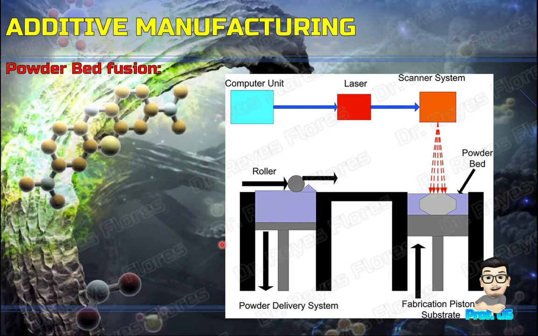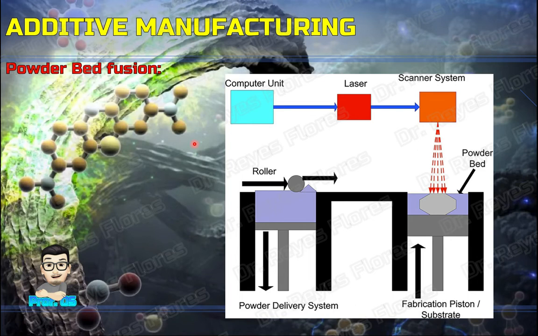Powder bed fusion is an additive manufacturing process in which thermal energy selectively fuses regions of a powder bed. Selective laser sintering from 3D Systems and laser sintering from EOS, both of which are abbreviated as SLS, and electron beam melting (EBM) fall in this category.